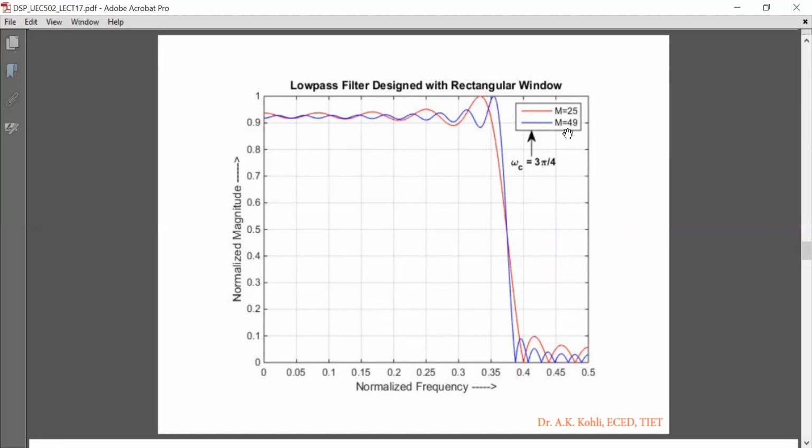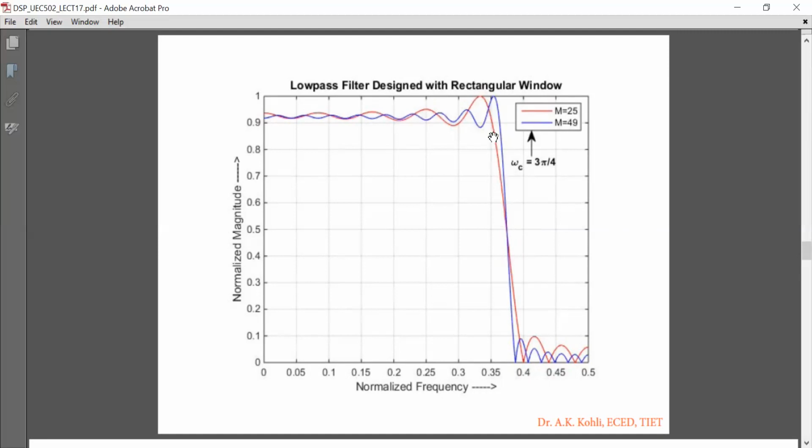As I have increased the value of M, the frequency of ripples has increased. But by increasing the value of M, there is a sharp fall in the magnitude response, whereas for M equal to 25, the frequency of ripples is low and the roll off in the frequency domain is slow.